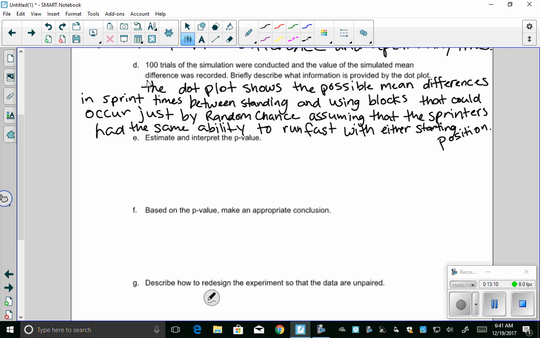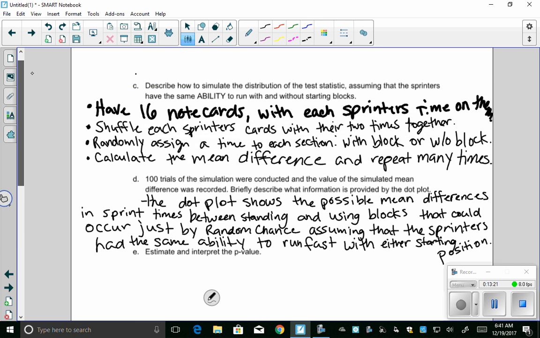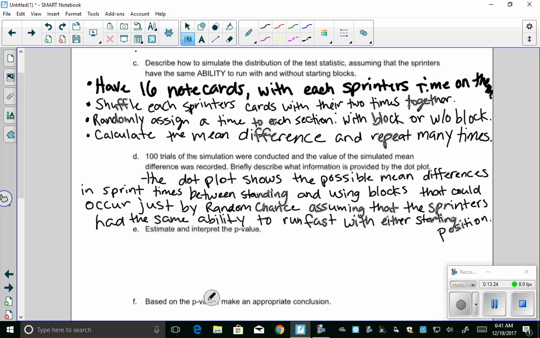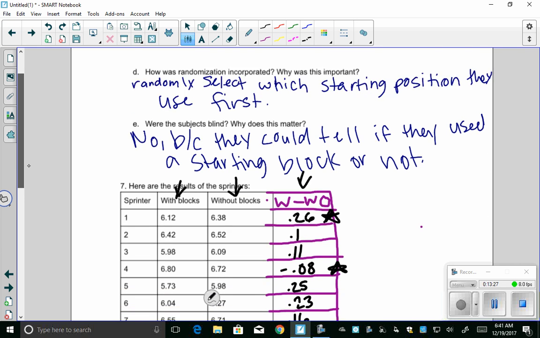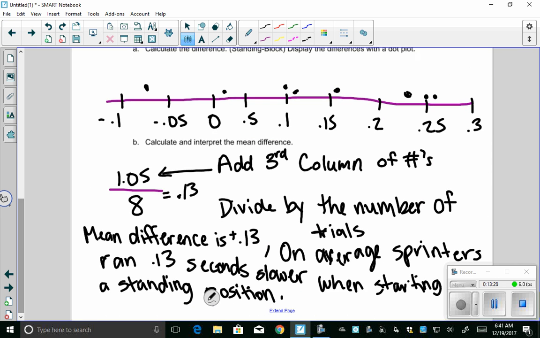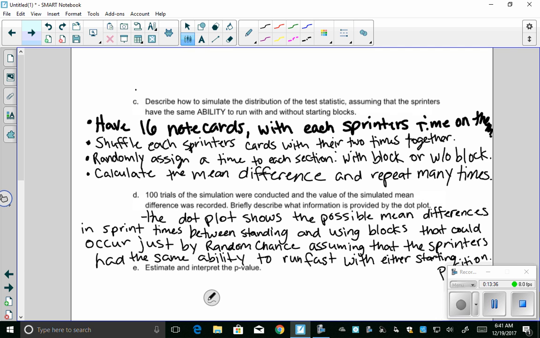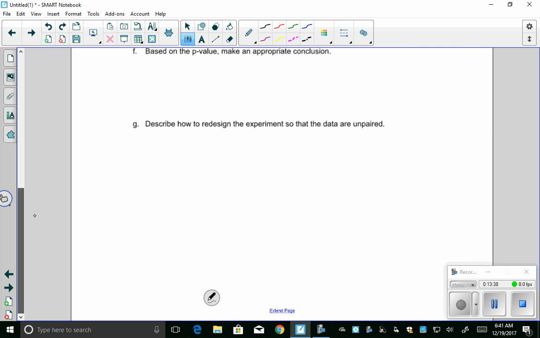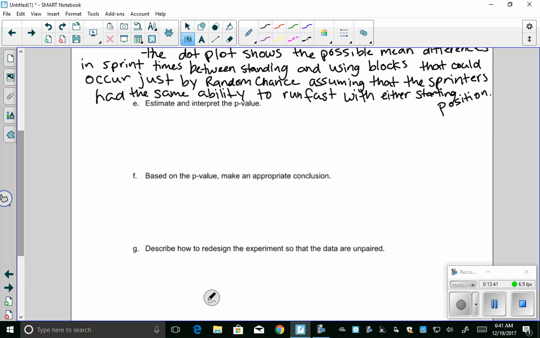Problem E, estimate and interpret the p-value. You also need to use the dot plot for this, okay? So for problem E, you're going to use the number that you got from part B. You're going to use this number right here, 0.13. This is your test statistic.